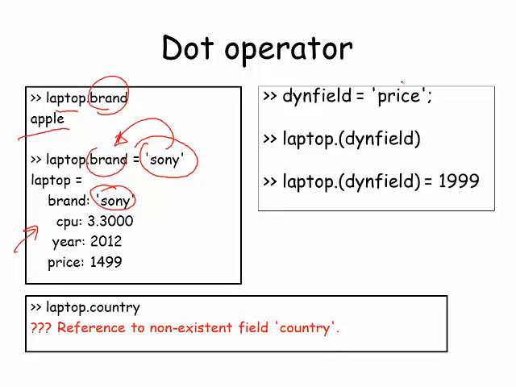You can use dynamic fields, which means you do not have to know the field that you are referring to in advance. The field that you would like to refer to can be a value inside a variable. In this case, dynField variable contains a character string price. And I'm using the value of this variable. That's why I need to place it in parentheses.